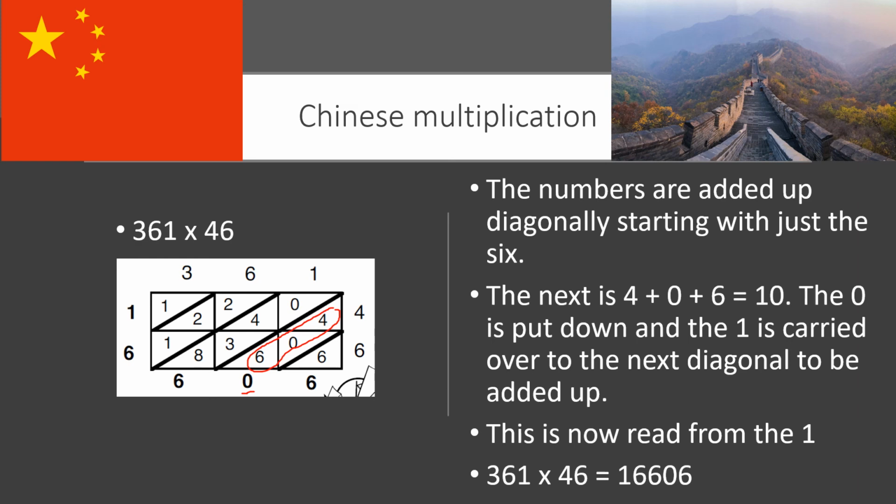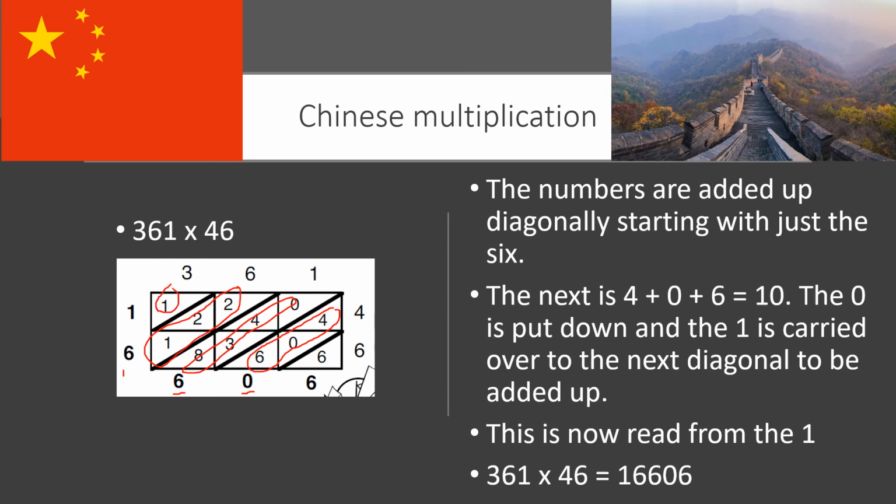Okay, so now I'm going to add up my next diagonal. So 8 plus 3 equals 11, plus 4 is 15, plus my carried over 1 makes 16. So there's 6 there, and I'm going to carry the 1 over. And I've got 2 plus 2 plus 1 is 5, plus my carried over 1 makes 6, and then finally I've just got my 1 there.